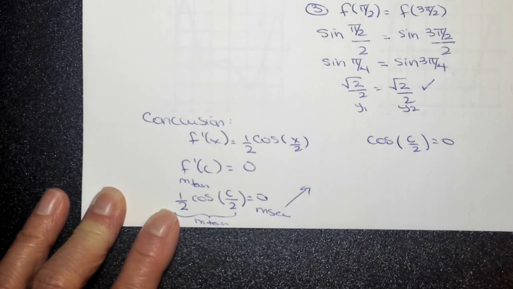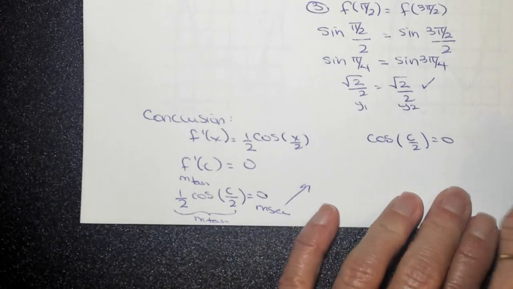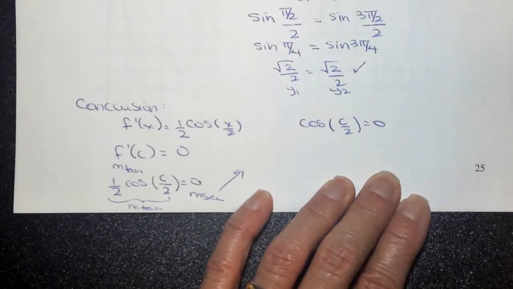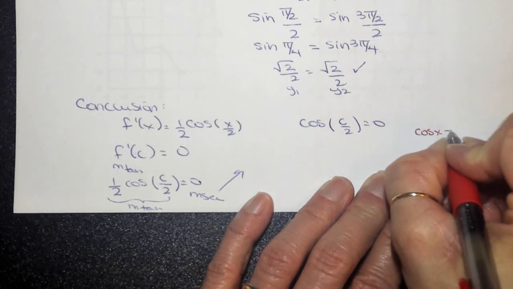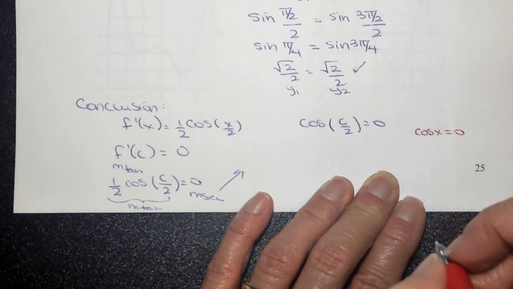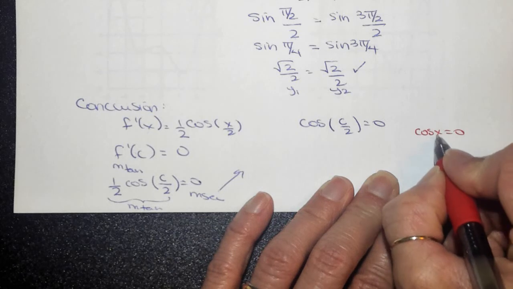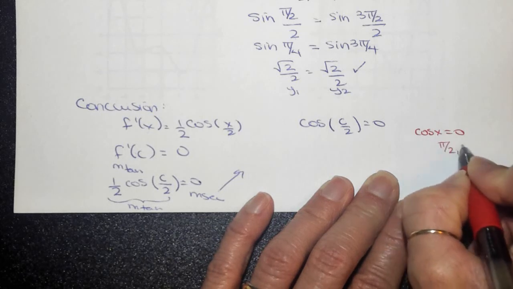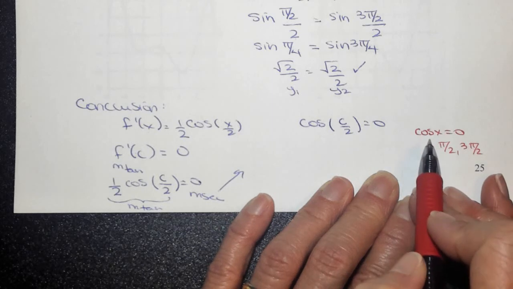Okay, I don't know where my half angle is 0, but I know, and I'm going to do a little bit of work off to the side here, that the cosine of x is equal to 0 at pi over 2 up at the top and 3 pi over 2. Okay, so if I plug these two angles in for x, this is what I'd get. Now I need to know what the half angle is.